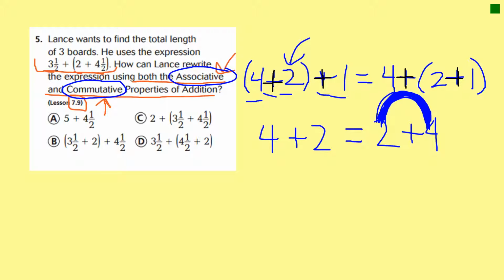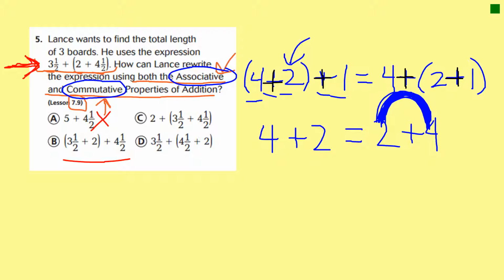Choice A has 5 plus 4 and 1/2. Now, they're not using the associative property because nothing is in parentheses. So choice A, you get the X. Let's look at choice B. 3.5 plus 2 plus 4.5. Okay, and let's look at this original one. 3.5 plus 2 plus 4.5.